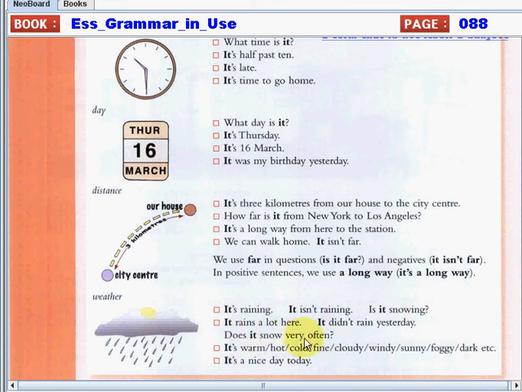Does it snow very often? Next is, it's warm. It's hot. It's cold. It's fine. It's cloudy. It's windy. It's sunny. It's foggy. It's dark. And the last is, it's a nice day today.